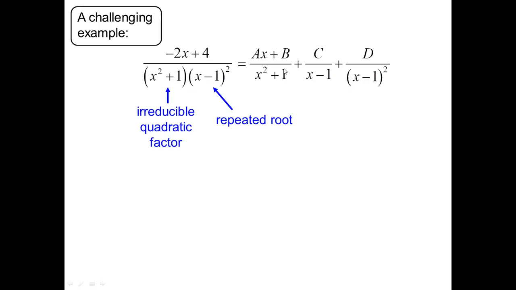This is always the case when you have an irreducible quadratic factor. Your numerator is always ax plus b, or cx plus d, or ex plus f, depending on what particular factor you are trying to represent. You always have two terms in the numerator. One has an x, the other one is a constant.